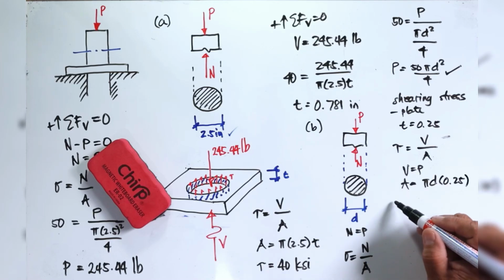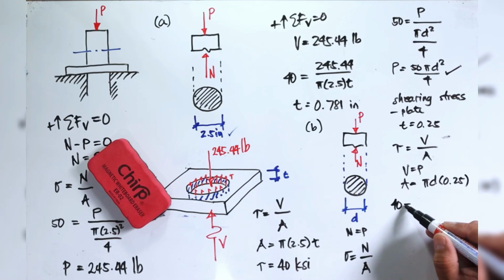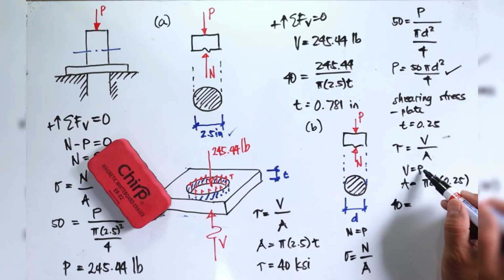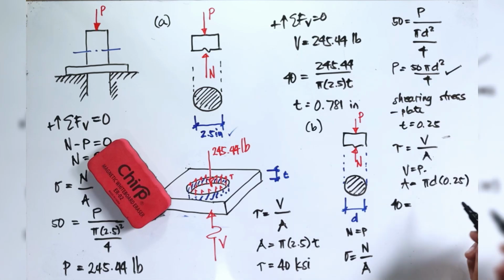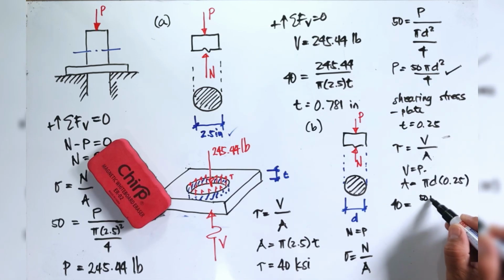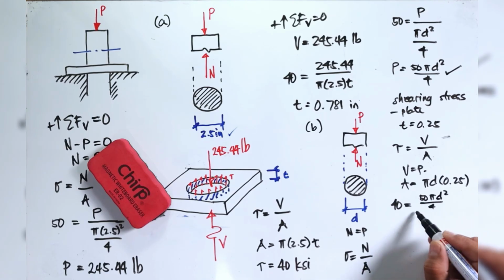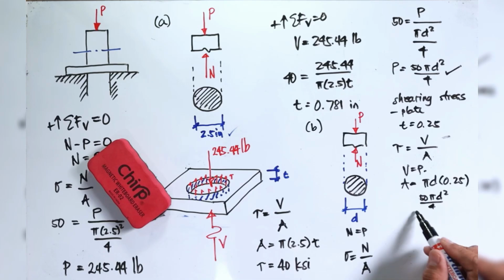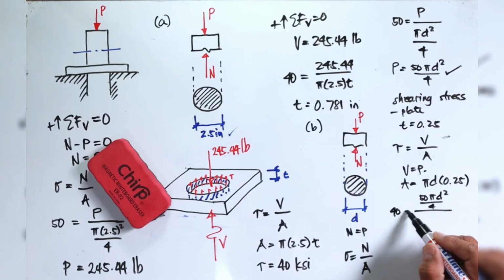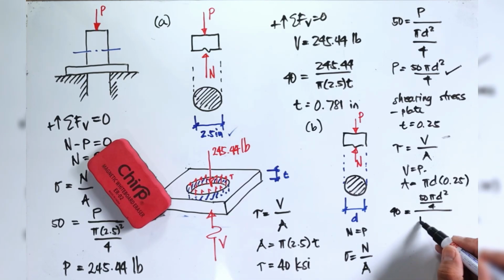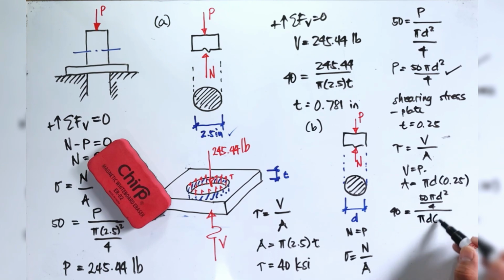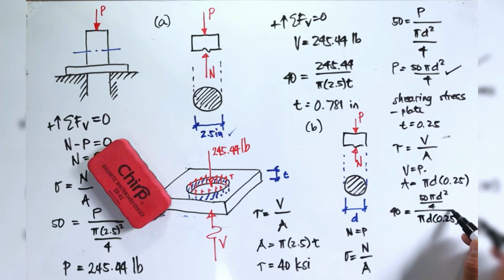The shearing stress given, that's 40, and our V equals P, and P equals this, divided by the area, pi d times 0.25.